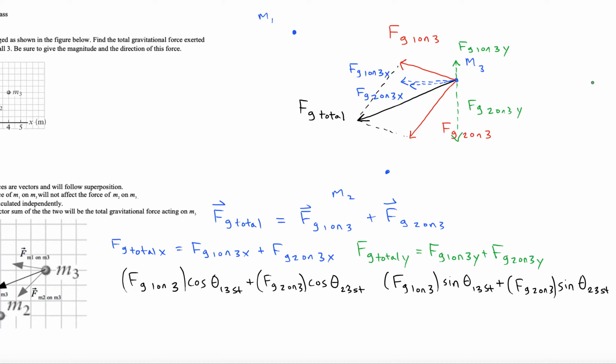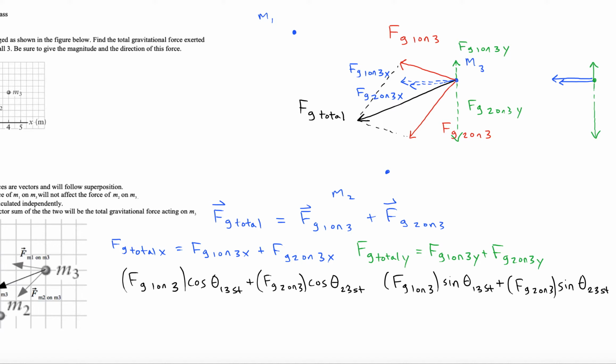The whole goal here is to just not have to worry about those vectors that are at weird angles anymore. Instead, we'll replace them with these components that are aligned with the x and y directions. And now these vectors here completely represent the original gravitational forces. That's what we're doing here.